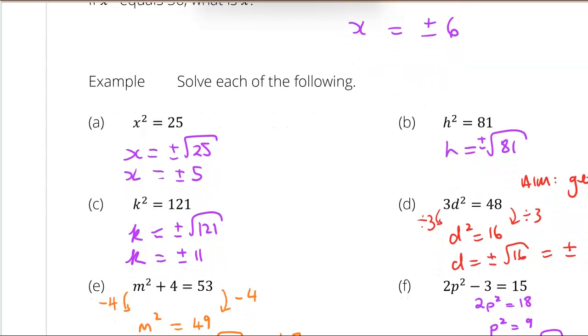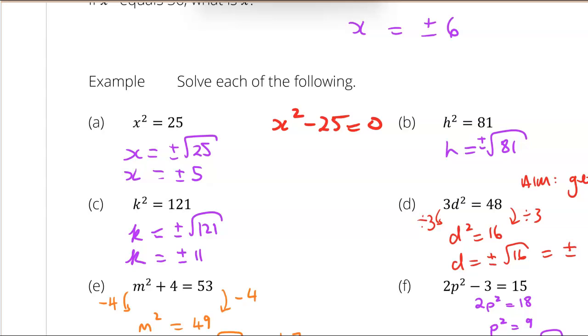And how does this relate to the trinomial stuff that we're doing? Well, if I subtract both sides by 25, I've got now a solution equal to 0. How do I factorise that x squared take 25? It's a difference of 2 squares.